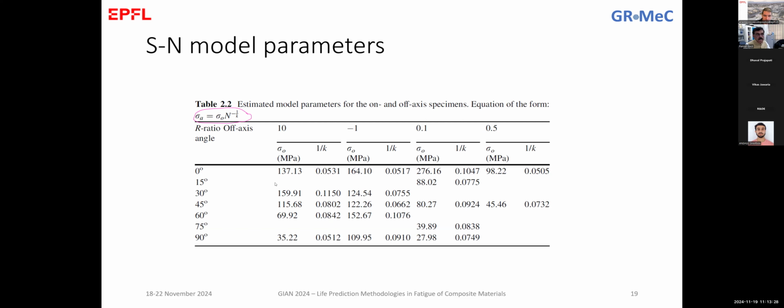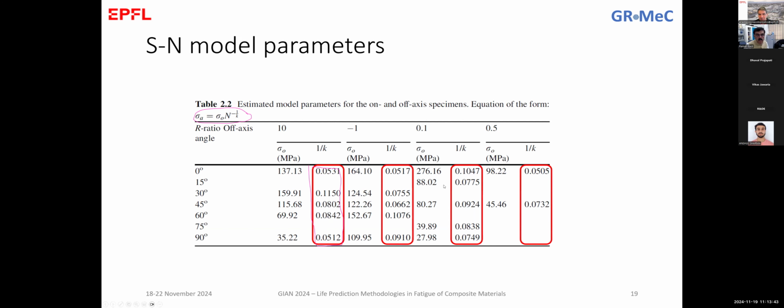So what we can discuss on this table is, first of all, the slopes. The slope of the curve shows the rate of the damage development. For me, this is more important than the intercept, than these values here, the sigma 0.